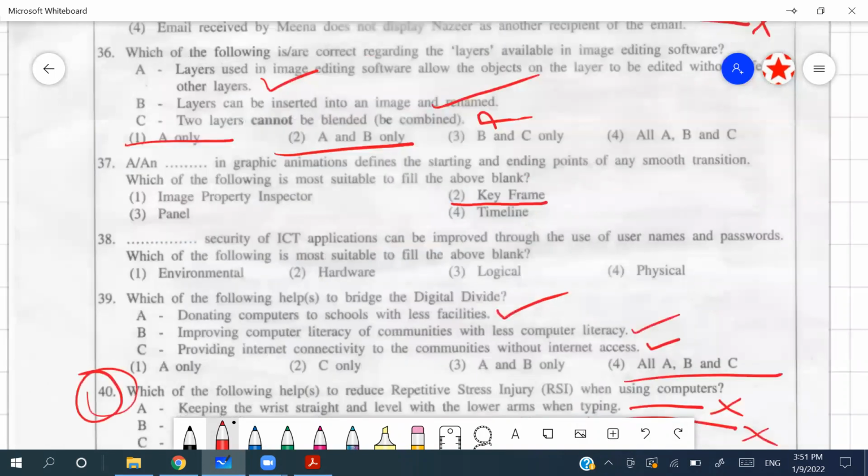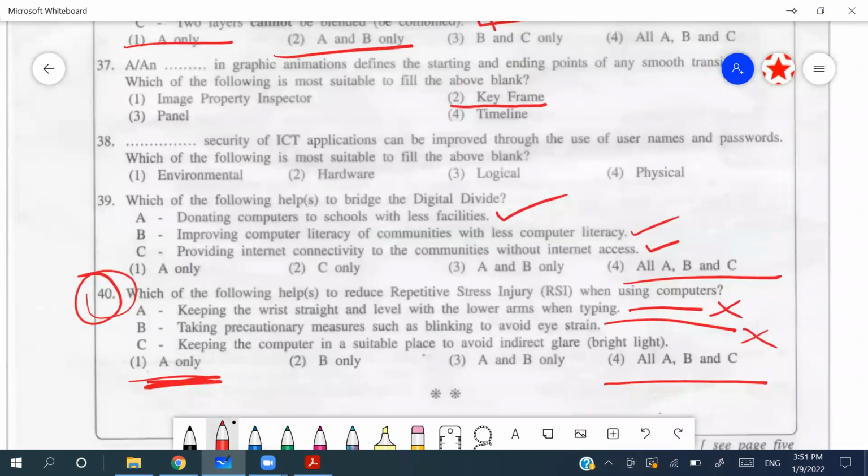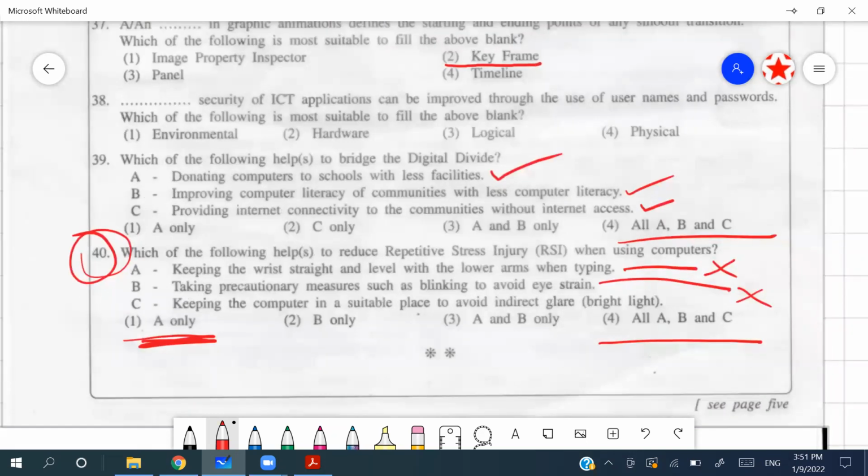And finally, you are asking me about the 40th question, right? Which of the following helps to reduce repetitive stress injuries? Yes, we had a problem in that session regarding this, because repetitive stress injury is talking about the RSI effects. It starts from the neck and goes through the shoulders to your fingers.